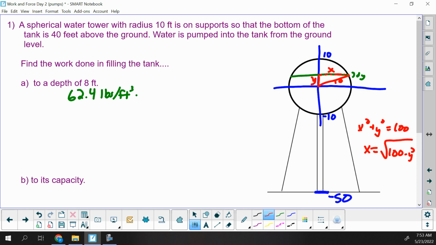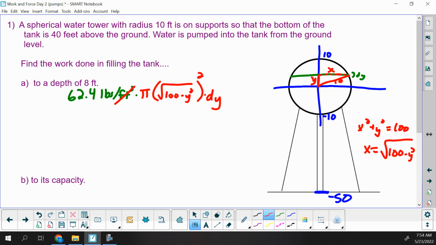So the volume of our slice will be a circle times a little thickness. So pi times our radius, which we just identified as the square root of 100 minus y squared, because it's radius squared, times the thickness, which is dy. Well, this wipes out the feet cubed, so this is now pounds, which is our force. So that's great.